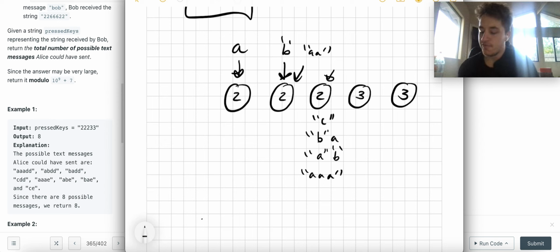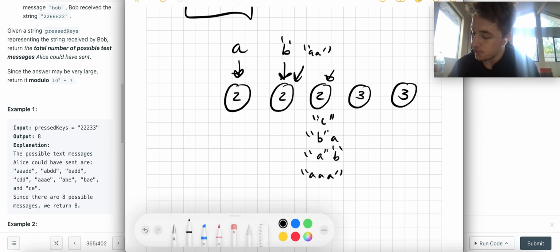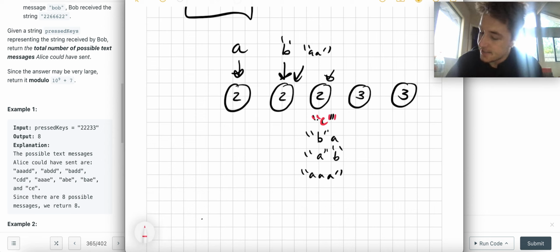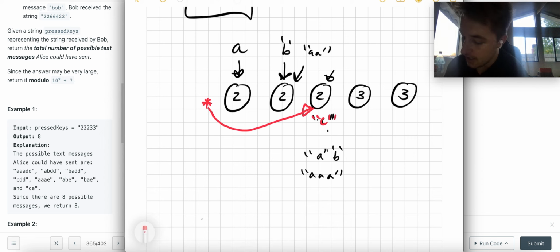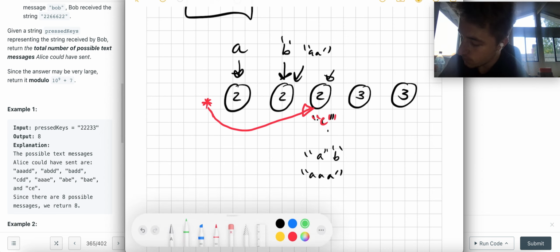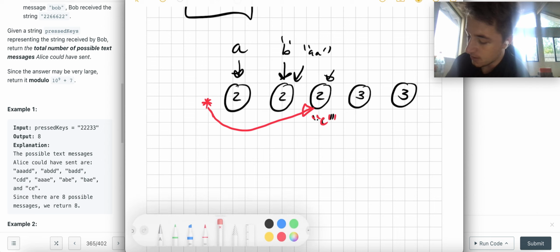Well, what does that really mean? If I type just a C here, that means I skipped all of these options here, because I typed three times to get to C. If I typed a B and then an A, we'll go backwards, actually. Sorry, I'm all over the place, but I think I'm starting to get a way of explaining this.